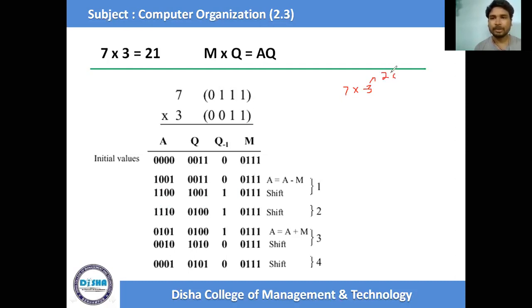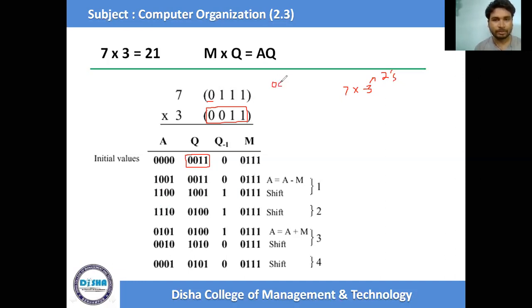Again, I would like to repeat: you have to put a 0 to represent that the number is positive. Then we have to make the 2's complement of this value. So let's see what will come.